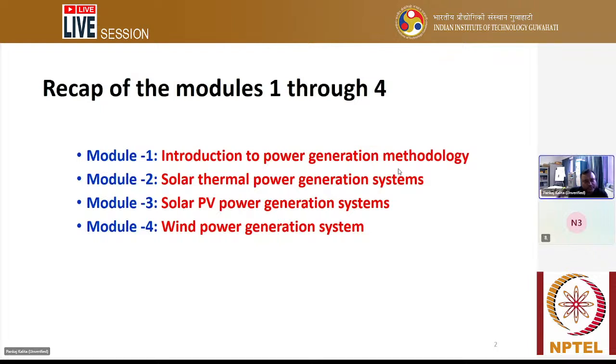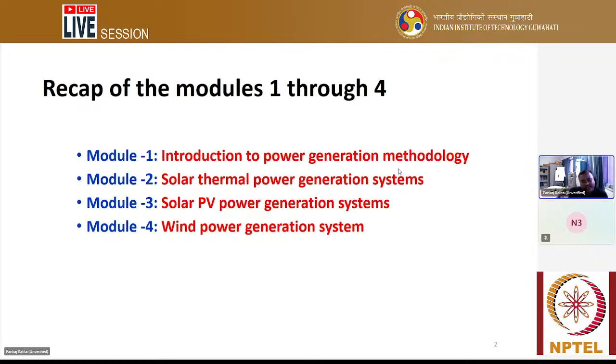And in module 4, solar power generation systems are discussed, which starts with the energy scenarios for wind energy harvesting in India and globally, and then what is the potential of wind energy in both the global and Indian context.